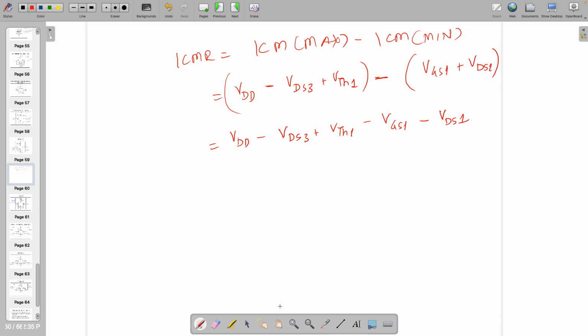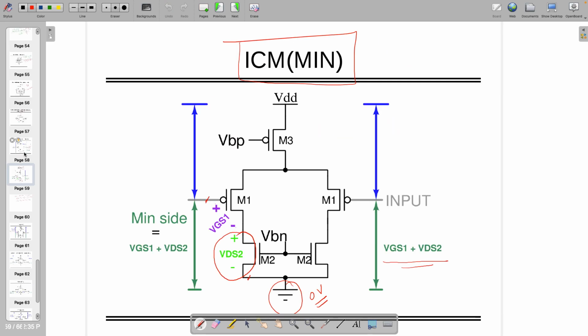Sometimes you do not have any region of operation like that. So in this case, if this is 1.8 volt, how much input common mode voltage do you want to apply over here?